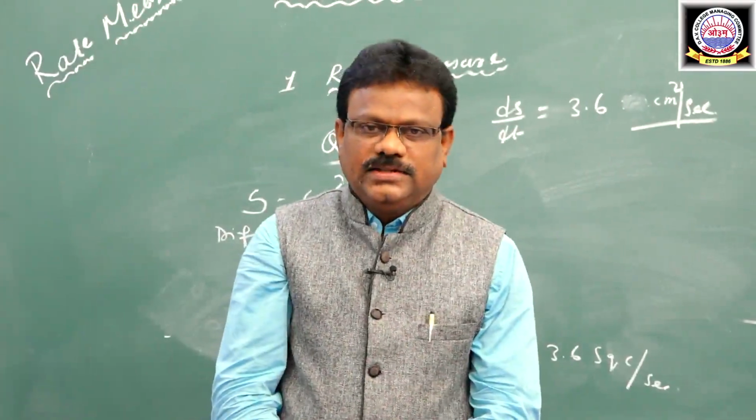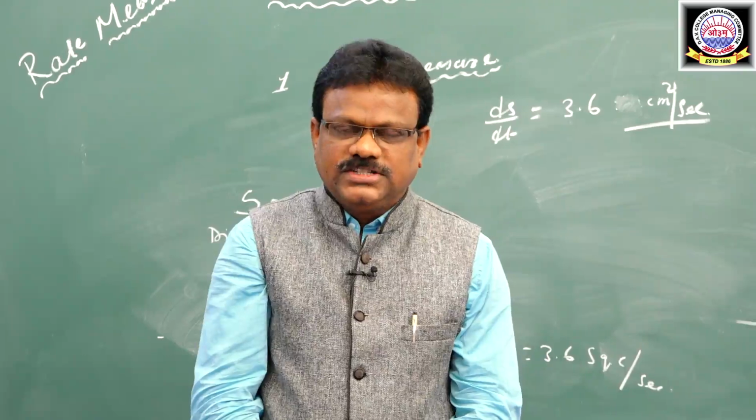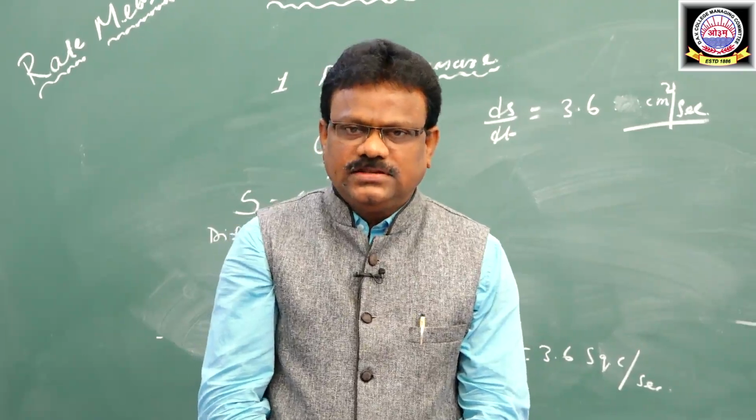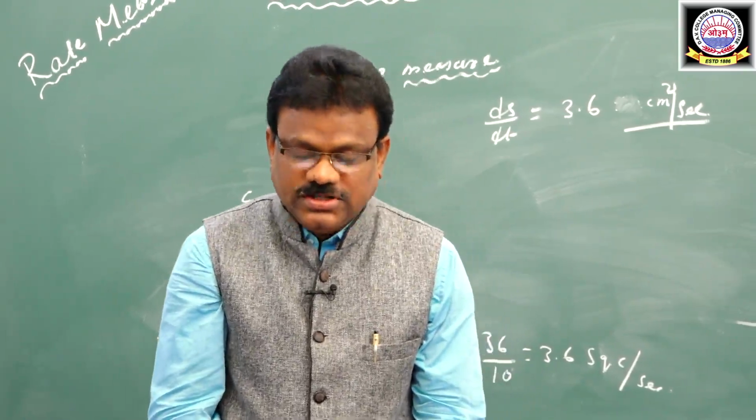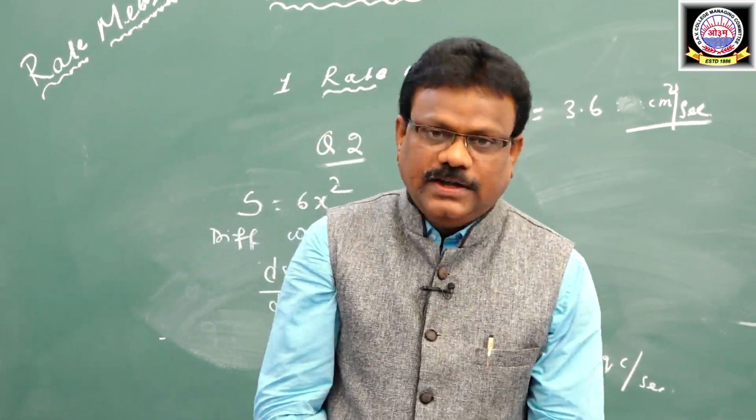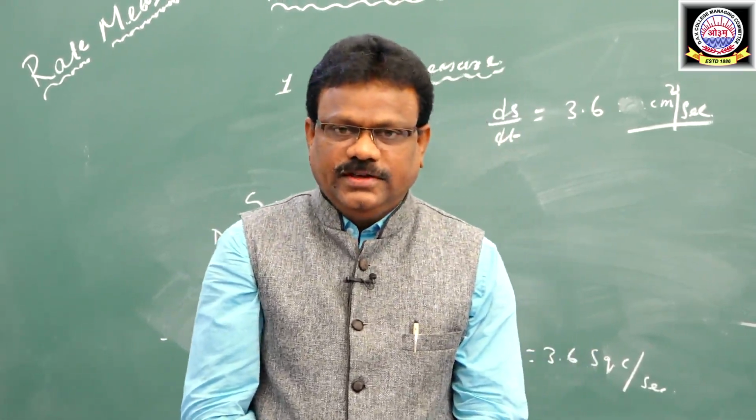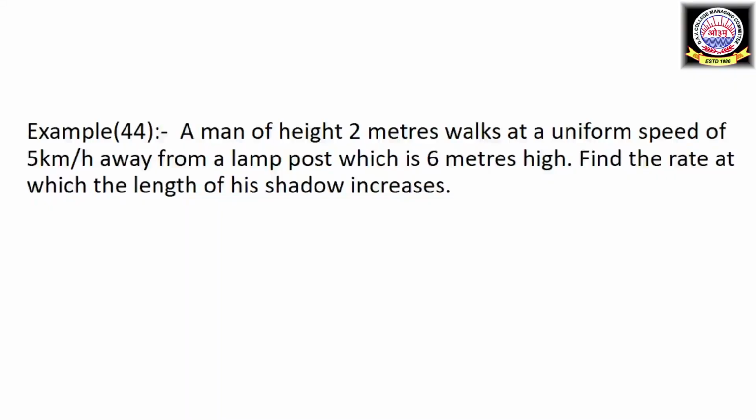Okay, let us go to another problem which is from the textbook, the miscellaneous exercise of the textbook, and the page number is 235. The question is example 44 of the NCERT book.